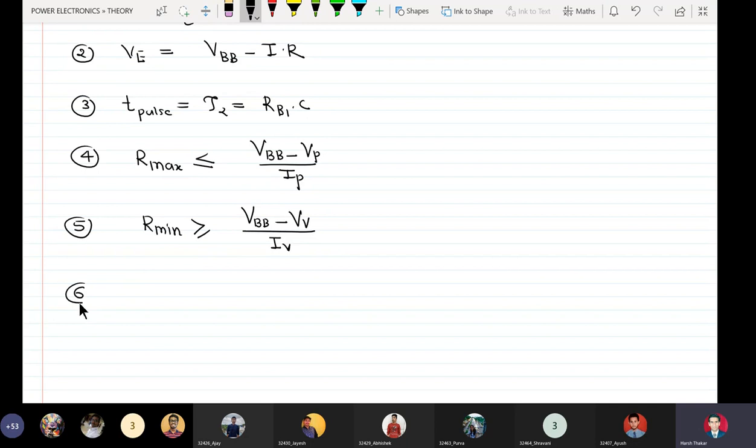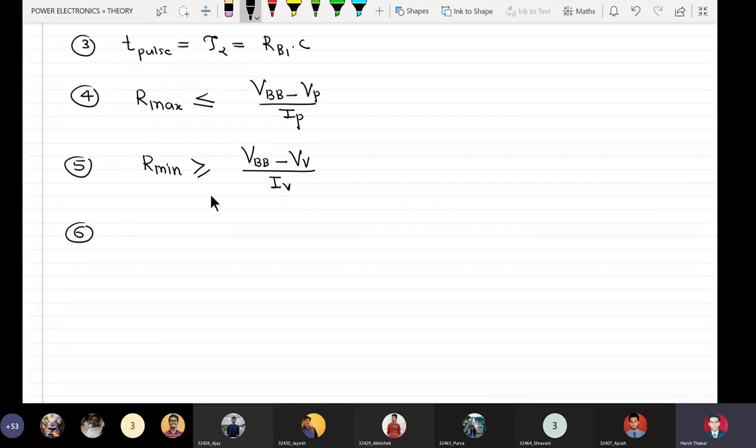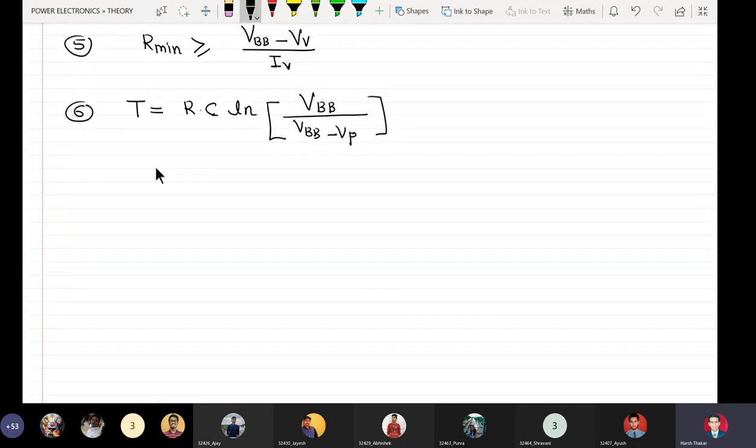And the last formula is the one which gives us the frequency of pulses, that is T is equal to R into C natural logarithm of VBB upon VBB minus VP.